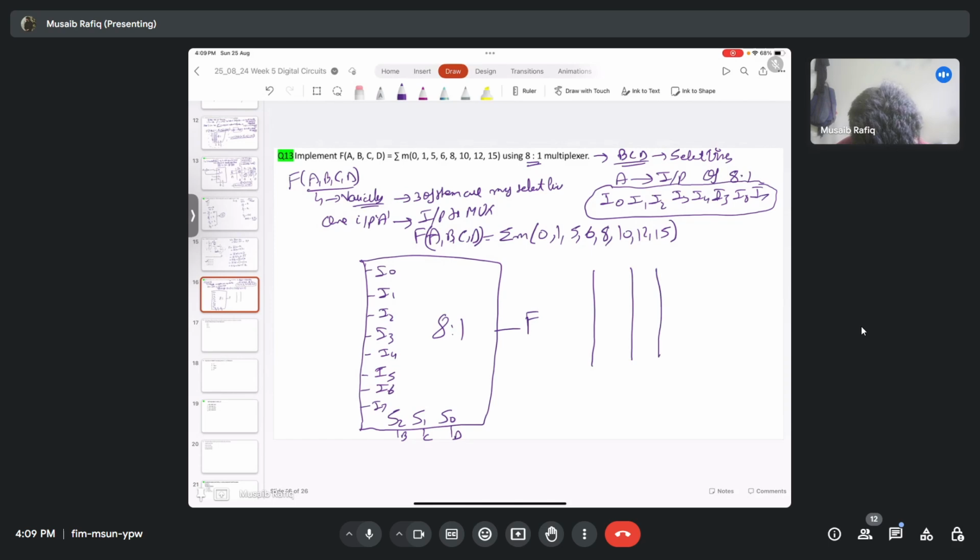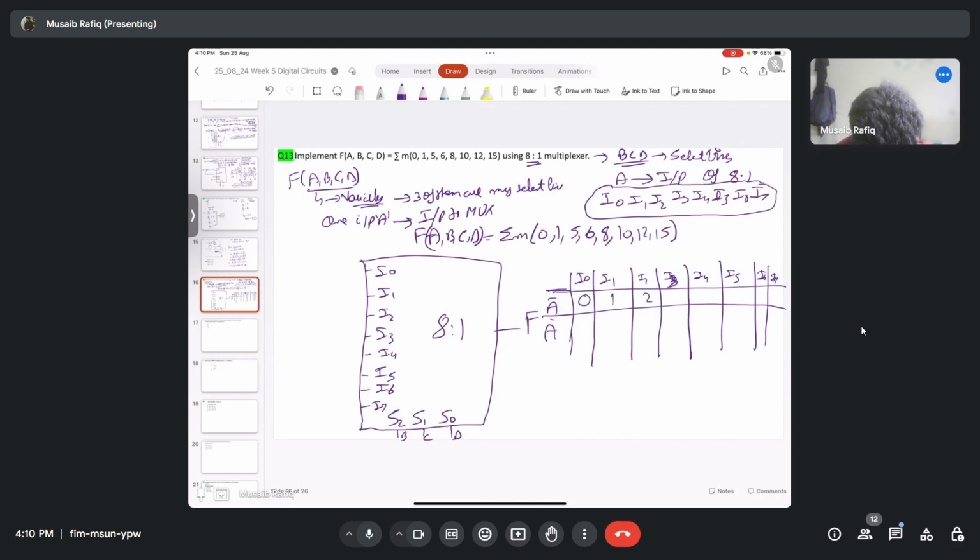Let's just draw this table which I told you is called the implementation table. This is A bar, this is A, this is I0, I1, I2, I3, I4, I5, I6, and this will be I7.